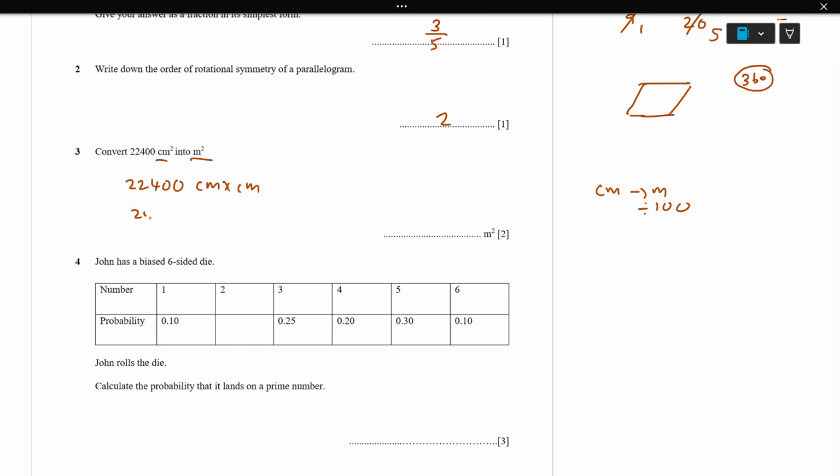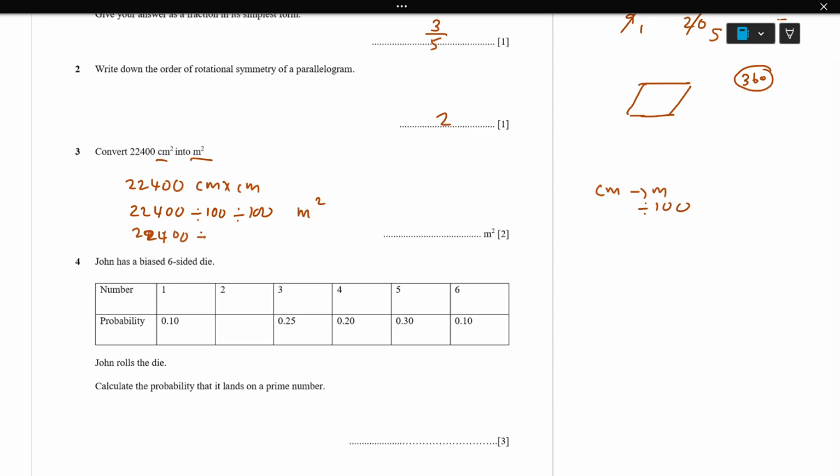So 22,400 divided by 100, again divided by 100. So meter times meter, so meter square becomes divided by 100 divided by 100.